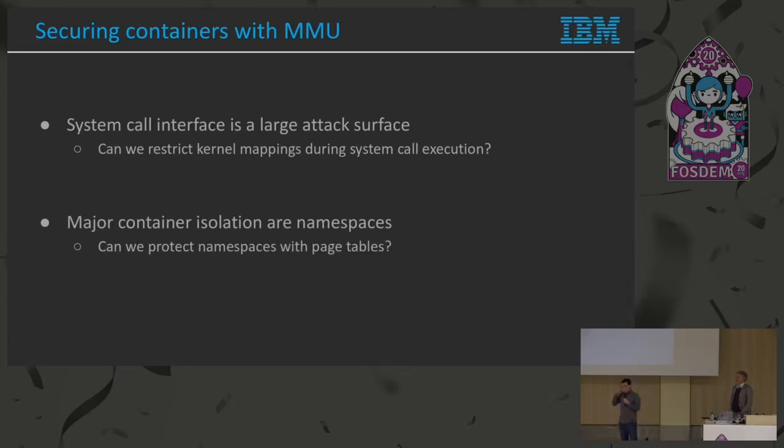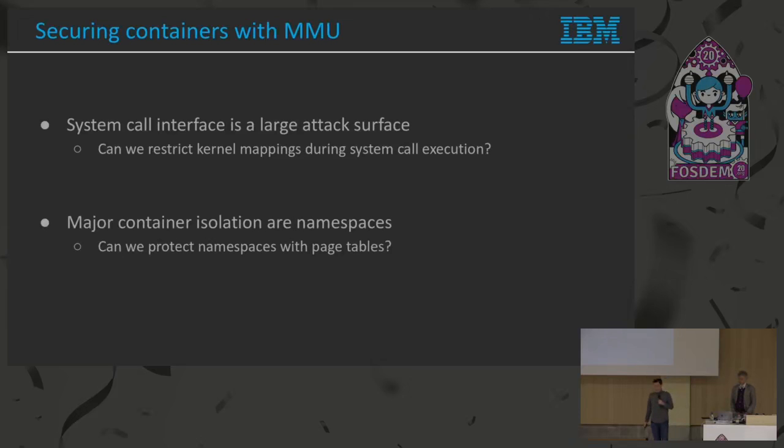The container attack surface is the entire system call interface of the Linux kernel, which is about 400 plus system calls. So the first question we asked ourselves was, what can we do to make system calls less vulnerable, or at least less exposing of the rest of the system to the attacker?